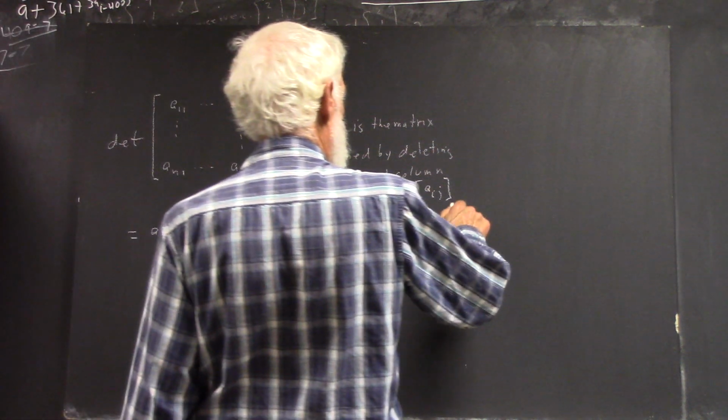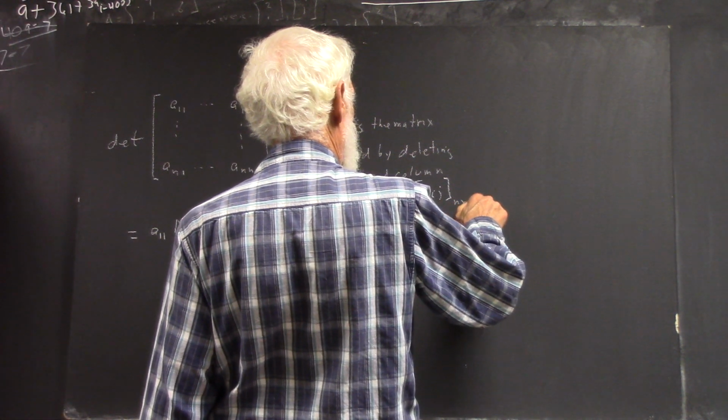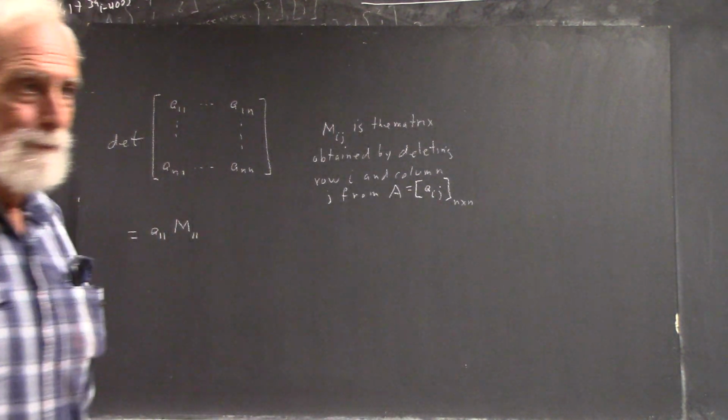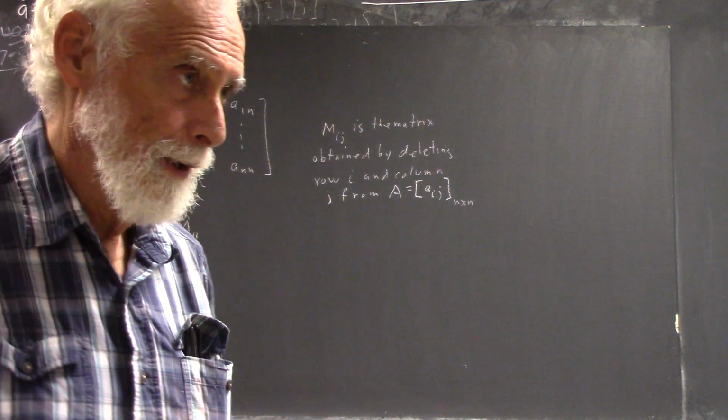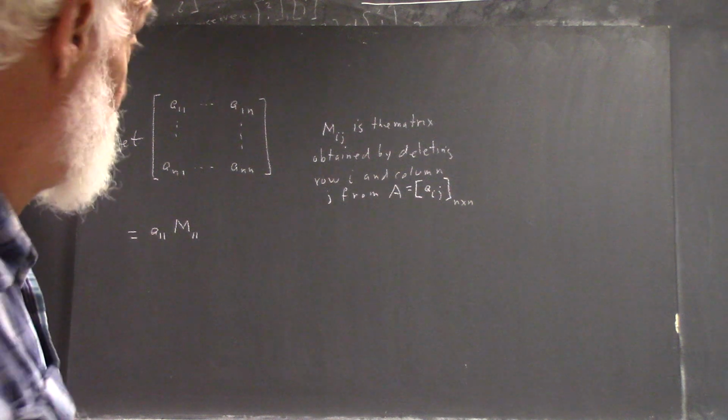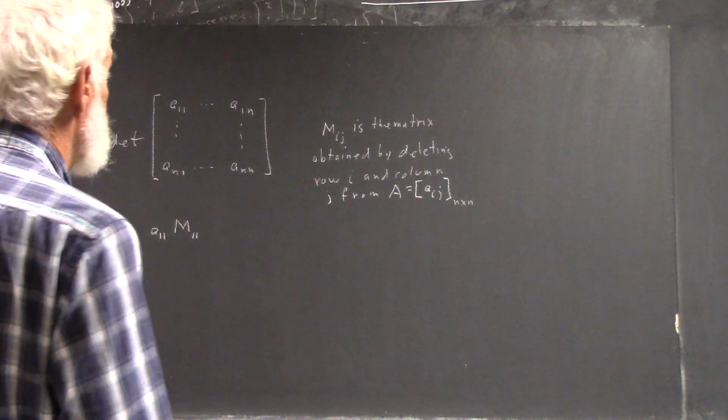And we might even put a subscript on here to indicate the dimension of the matrix. But it's usually implicit. We usually don't have to do that, okay? And it has to be a square matrix.